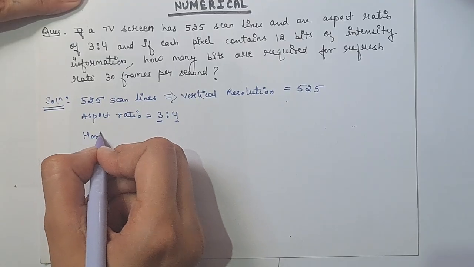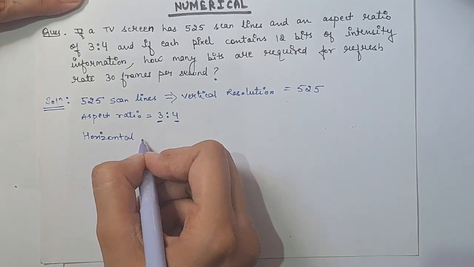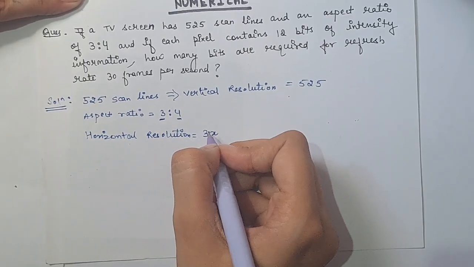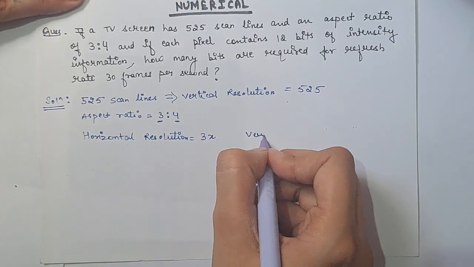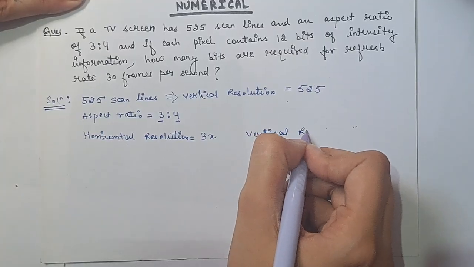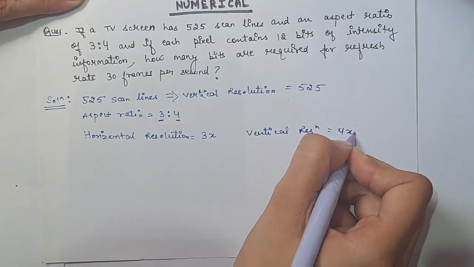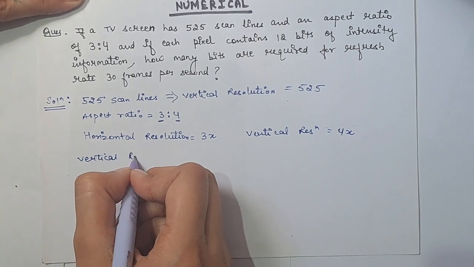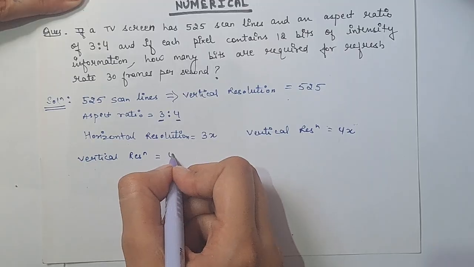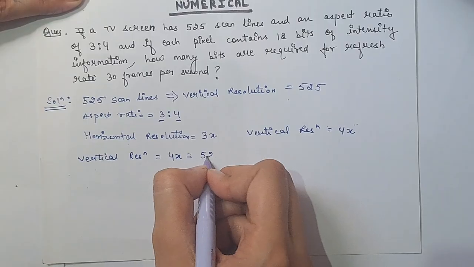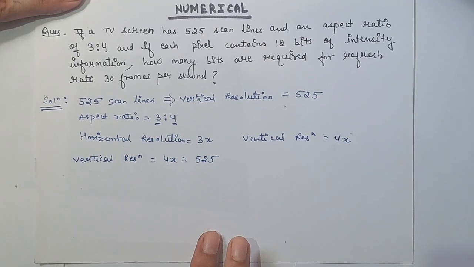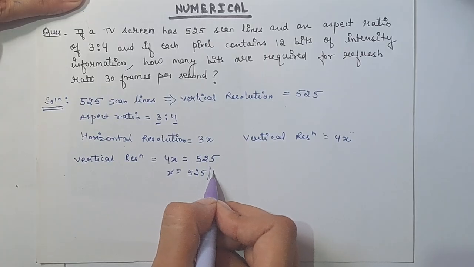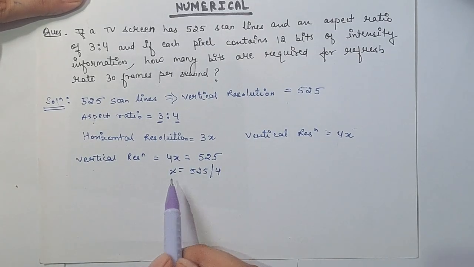So we can assume that the horizontal resolution is 3x and the vertical resolution is 4x. Now we know that the vertical resolution is 4x and also given as 525. So x would be 525 by 4.